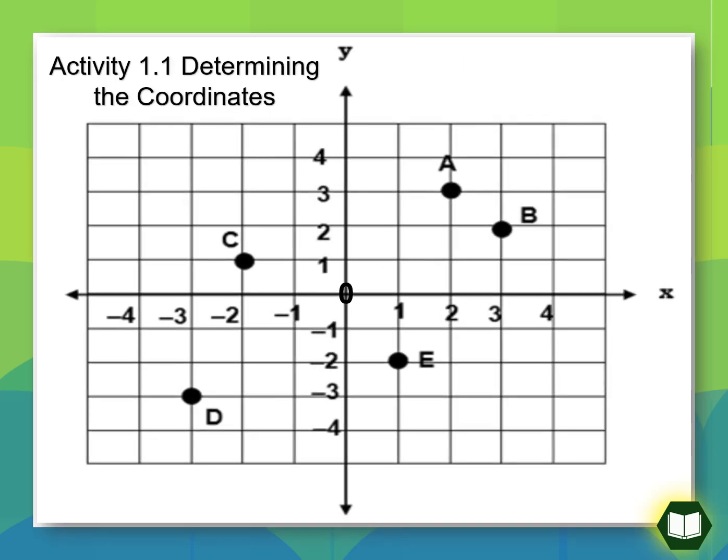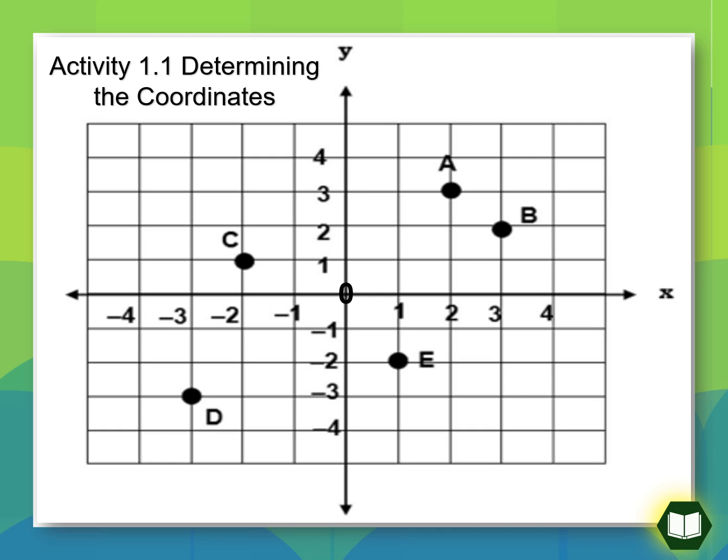Activity 1.1. Determining the coordinates. Look at the Cartesian coordinate plane and find point A. How will you find the coordinates of point A? How about the coordinates of the other points on the given coordinate plane?